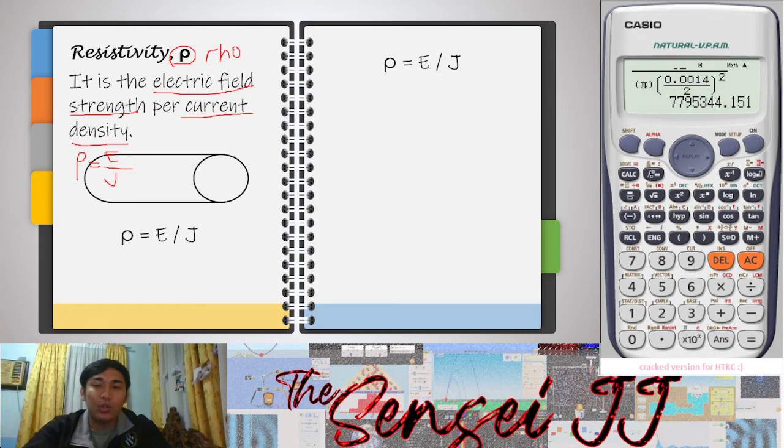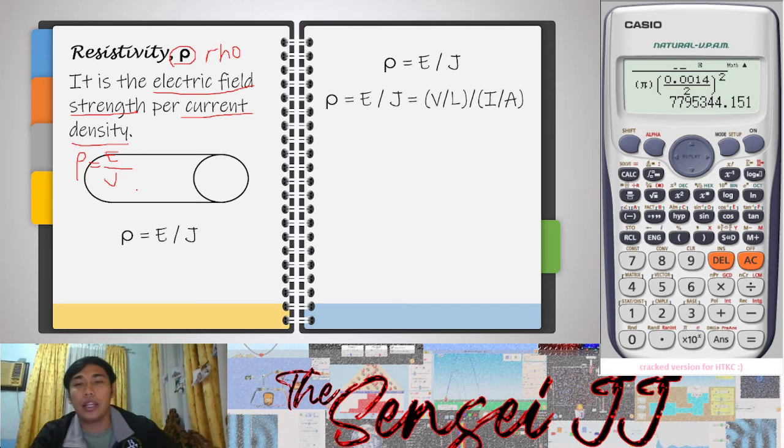But in this case, we can still get the more detailed resistivity formula. Okay. So electric field strength all over J. This is just the general formula, but we can still make this one a more detailed formula.